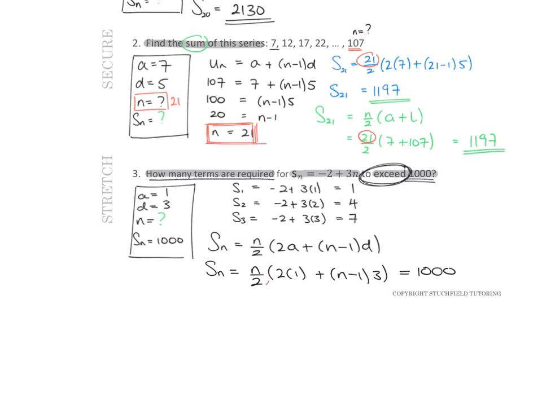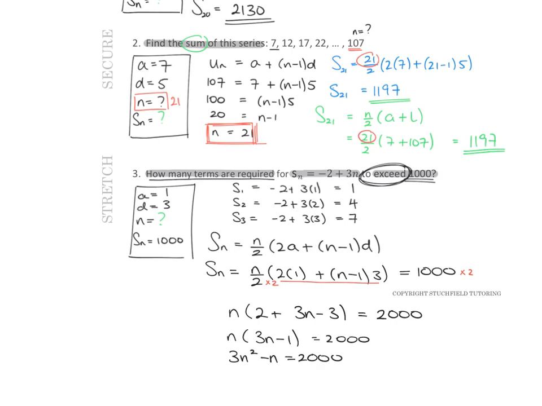The first thing I'm going to do is times by 2 on the outside, and I'm going to expand all of this in here. So I have n(2 plus 3n minus 3) equals 2,000. Just gets that half out of the way. Then simplifying inside the bracket. And then I'm expanding.